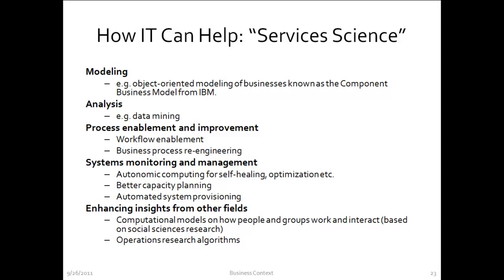You can use computer programs to figure all of this out. You can also use computer programs, specifically resource allocation algorithms, to understand how to provision systems, which is how many resources and what kinds of resources operations in your system might take. And then finally, IT or computing can build computational models on how people and groups work and interact.